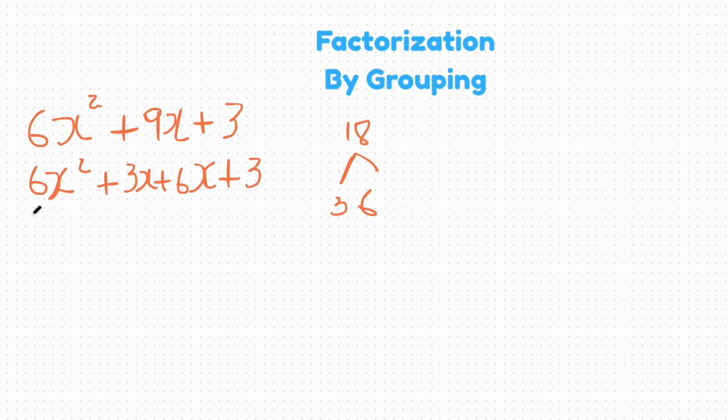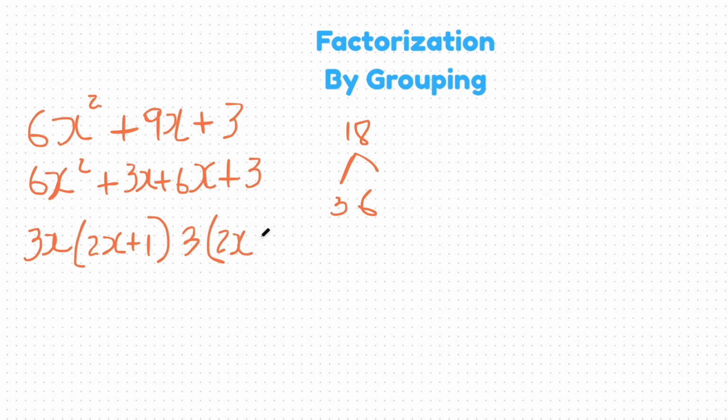So what is the HCF of 6x squared plus 3x? That is 3x. 6x squared divided by 3x, that is 2x. 3x divided by 3x, that's plus 1. Close our bracket. What's the HCF of 6x and 3? That is 3. 6x divided by 3, that is 2x.